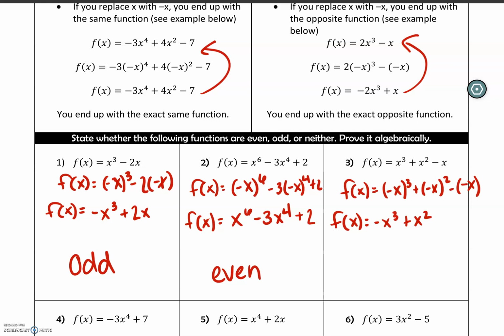And negative times negative x would result in a positive x. So as we can see, our first term from the original equation and the first term from our new equation are opposites. We have positive x cubed and a negative x cubed. Our middle term is a positive x squared and a positive x squared in our new equation, which is the same. So right away you can see we have one value that changed and one value that stayed the same, therefore breaking both rules. So this would be neither even or odd.